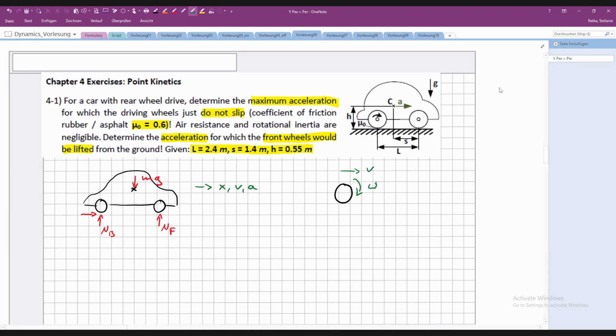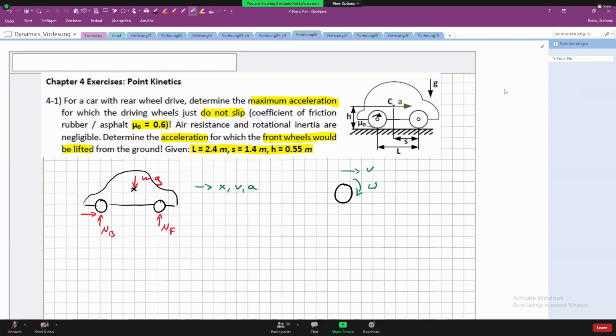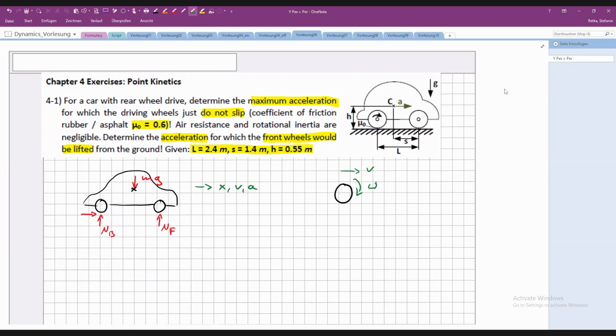Now, we have two options. We could draw the force of friction opposite to the direction of the translational motion, or opposite to the rotational motion. But now we have to decide which direction we choose depending on the problem description. And in our case, it is stated that the car is being accelerated, and we have to find the maximum acceleration for which the driving wheel just does not slip.